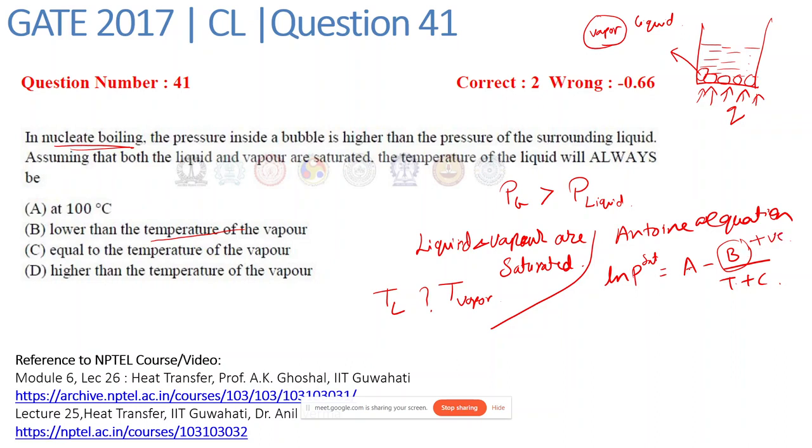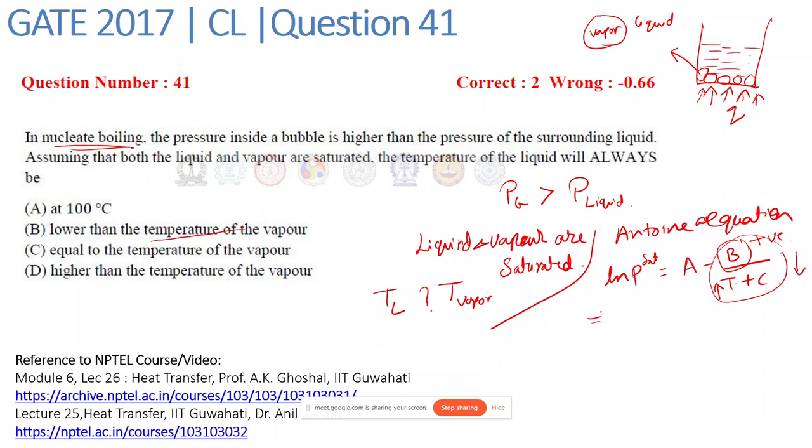Now from this equation we have to find how pressure will change with respect to the saturation temperature. So let's say if my temperature increases, with increasing temperature this entire term will decrease, and ultimately this term will increase.